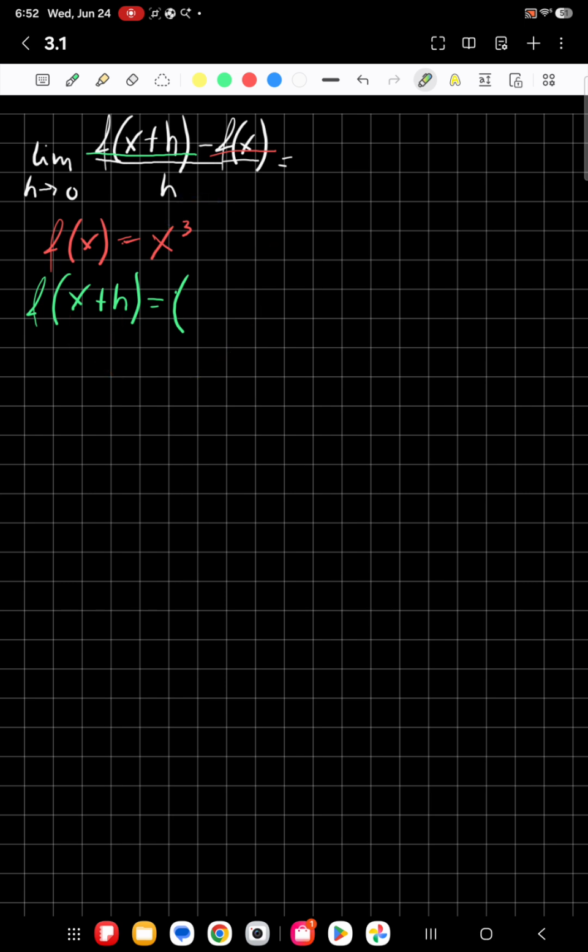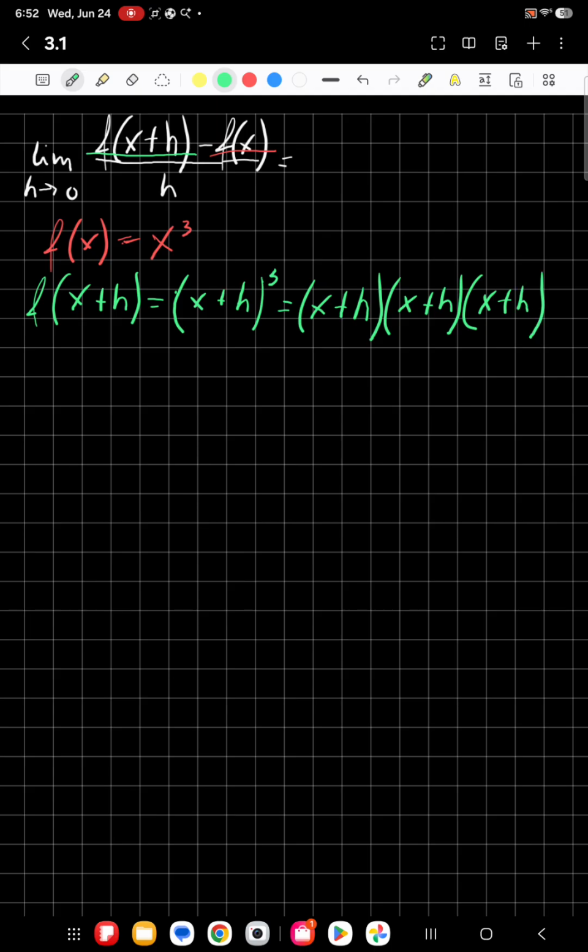Okay, so parentheses, I have x plus h, and that's to the third power. Okay, so I need to multiply it all out, right? So that basically means x plus h times x plus h 3 times, right? Times another one.